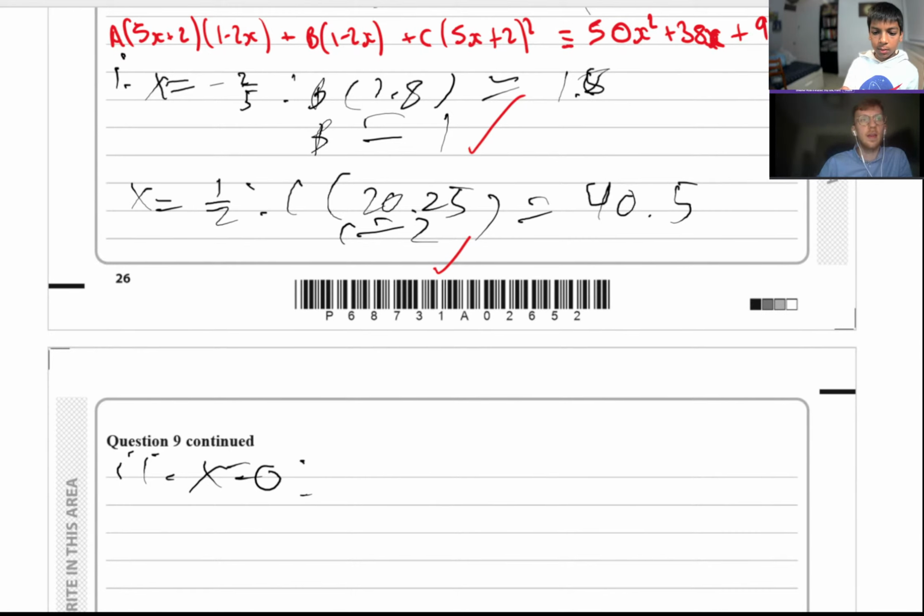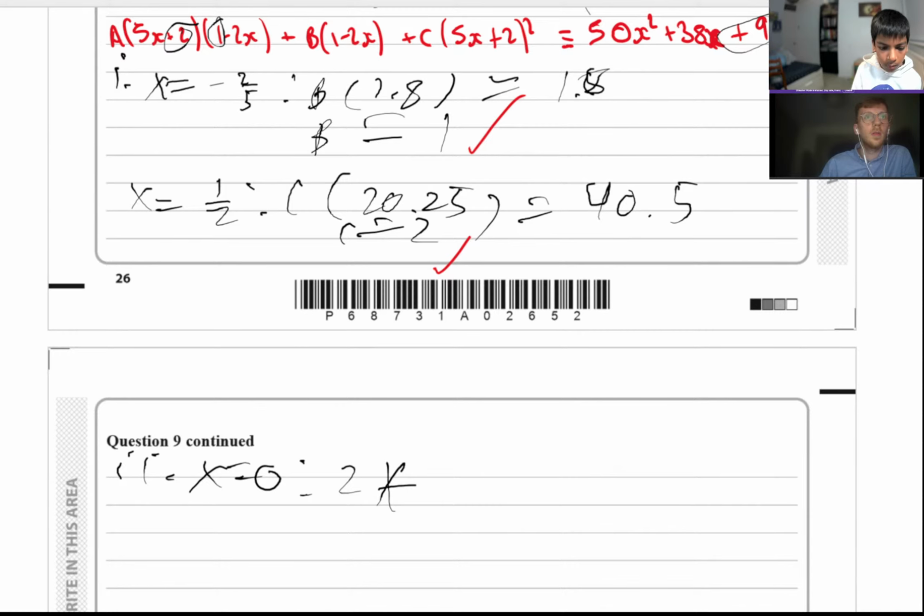Yeah. So let's let x equal 0. Because in the quadratic, it's just that plus 9 you're left with on the right hand side. What do we get on the left hand side? On the left hand side, just remove all the things with x in, so plus 2, and so it's 2a.